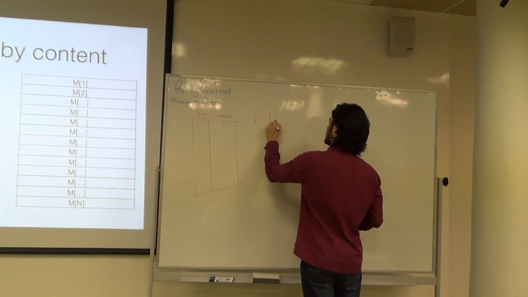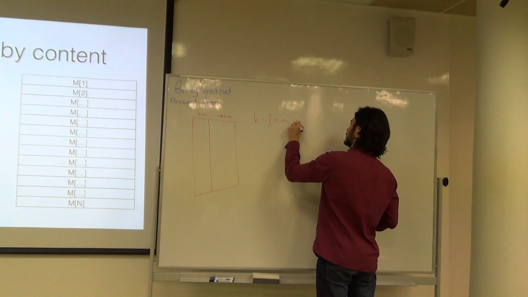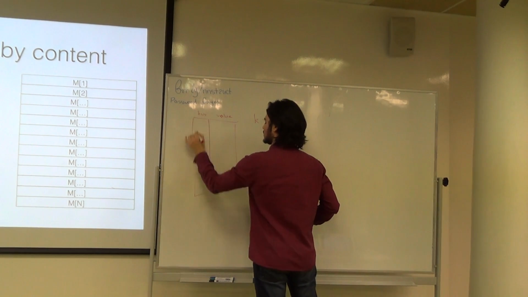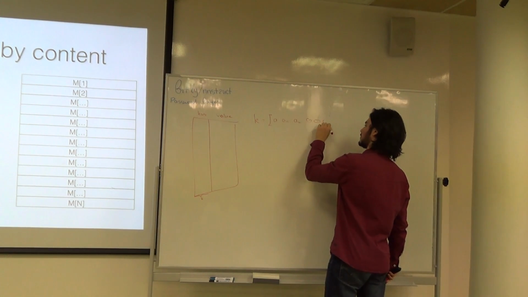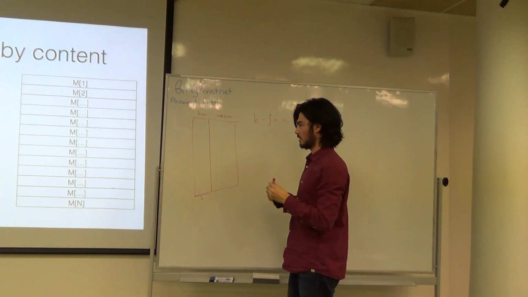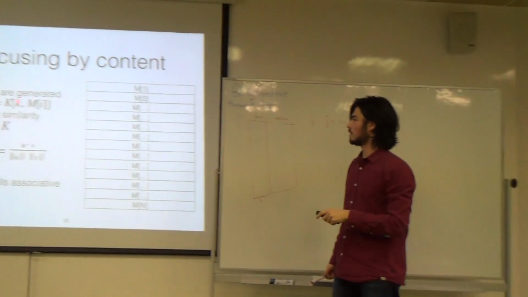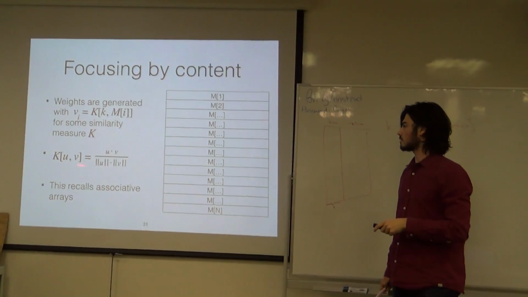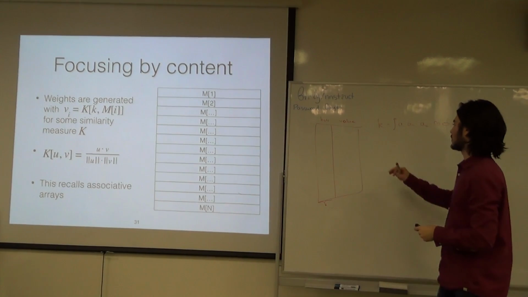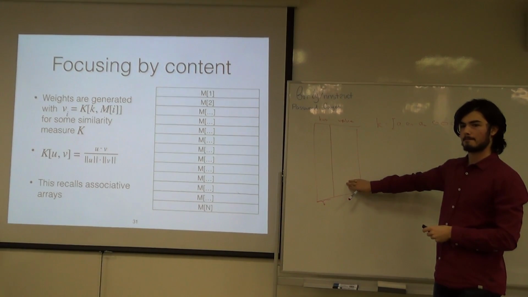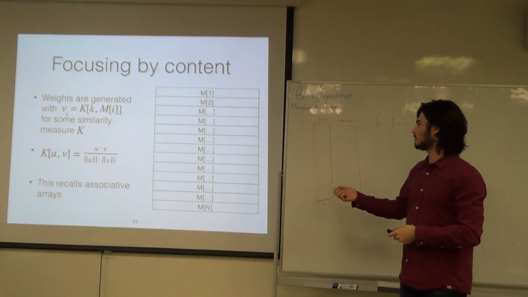It would be some A1, A2, and so on, AK, where K is this size. And others would be zero. And when we compute the scalar product, and here the kernel is usually used as a cosine similarity measure, then those values would be ignored. Okay, so this is just a more general case.